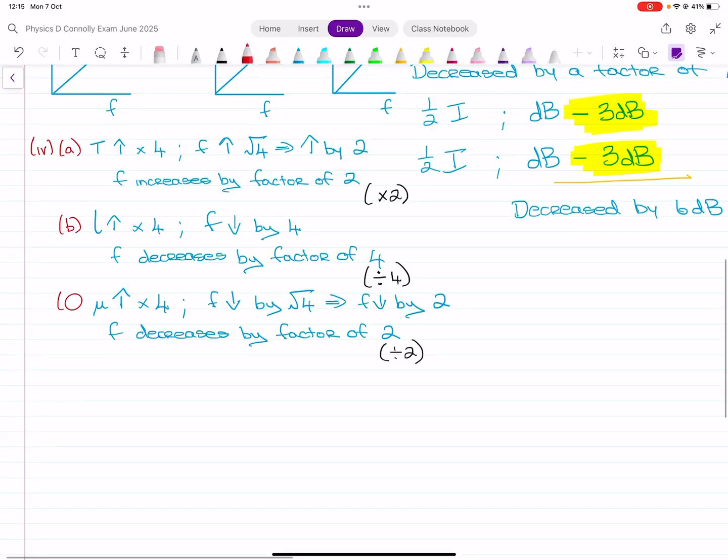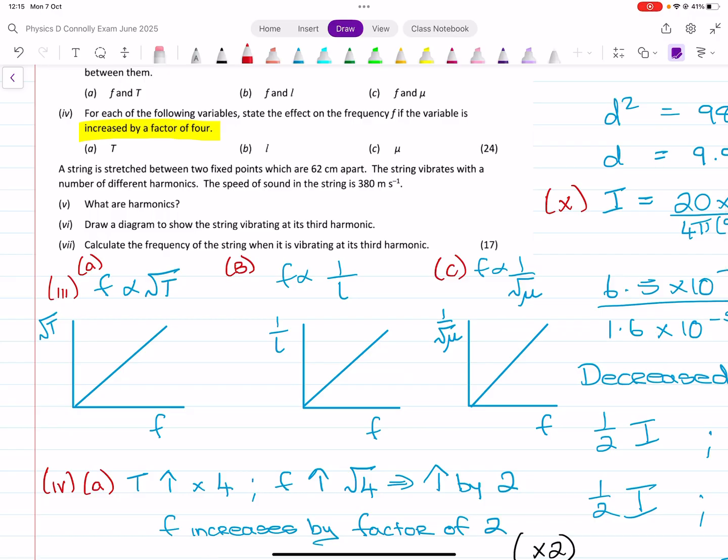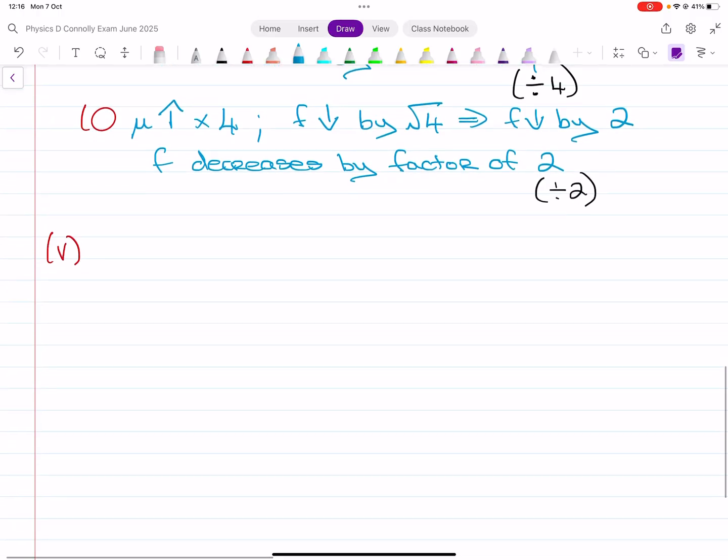Okay, part 5. A string is stretched between 2 fixed points, 62 centimeters, which is going to have to be 0.62 meters apart. The string vibrates with a number of different harmonics. The speed of sound in the string is 380 meters per second. What are harmonics?